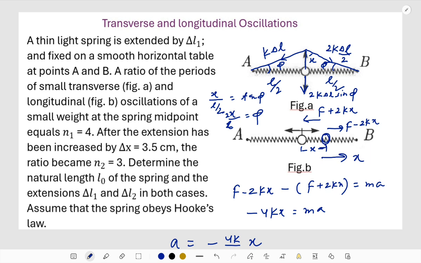So I can write here x equals phi L upon 2.